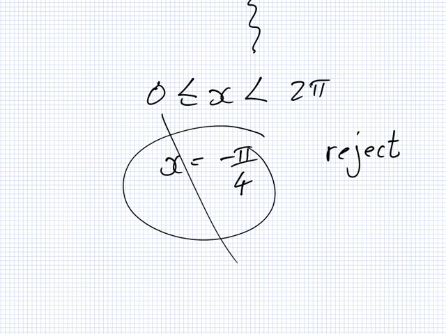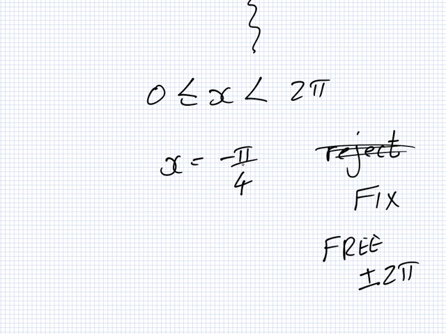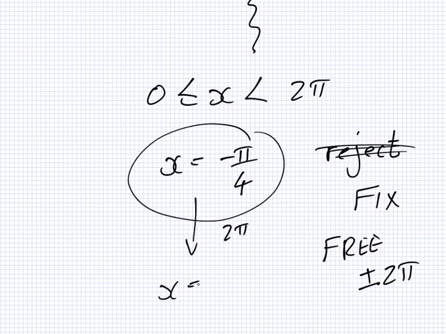This is not the case here, because what you're allowed to do is you can actually fix these. Because remember, for free, you can add or subtract 2 pi. So you can actually fix this by adding 2 pi onto it. And that would have it fixed. So what would that be? 7 pi over 4, thank you.